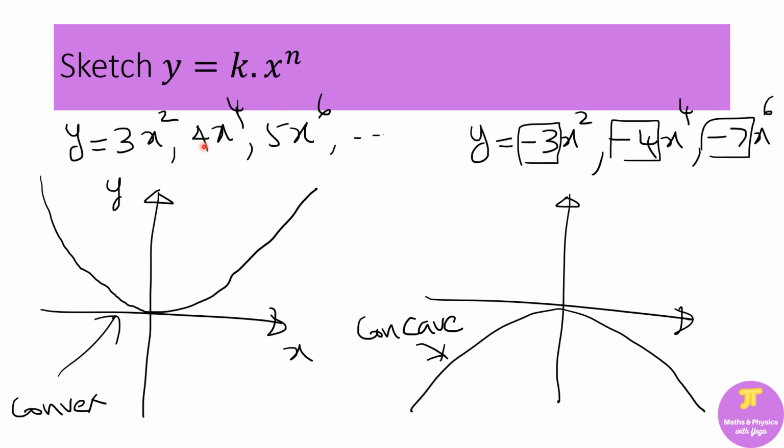If the coefficients are negative, then you will flip the graph. If the power of x is even, then the graph will stay on one side. But if the power is odd, as you have seen in the previous one, it will flip.